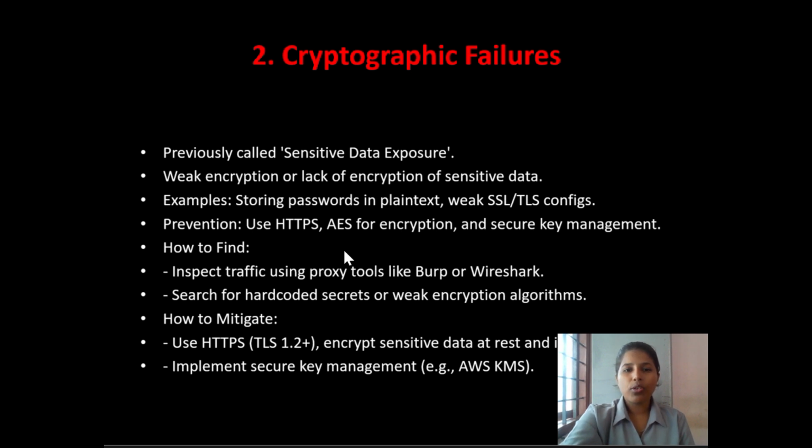That means we have to make secure encryption for everything: strong passwords, use HTTPS. We cannot completely say that HTTPS is 100% secure, but it's still more secure when compared to HTTP. But also, as we mentioned, cryptographic failure doesn't only happen through HTTPS. It can also happen with algorithms like AES.